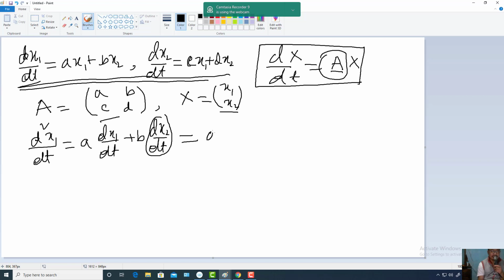What you get is a dx1 by dt plus b times (c x1 plus d x2). Again x2 is involved here, but from the first equation you can convert x2 in terms of x1 and its derivative. If you transfer to this side, b x2 is like that.